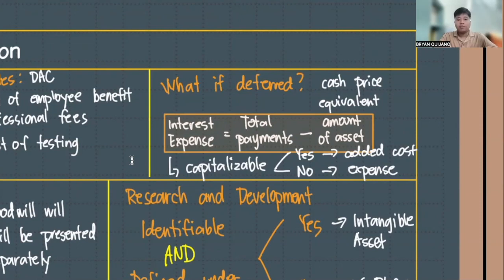Then, the difference between that amount and the total payments is recognized as interest expense over the credit period, unless the interest expense qualifies to be capitalized under PAS 23. But if the interest expense is not capitalizable, then you are going to record it as an outright expense.